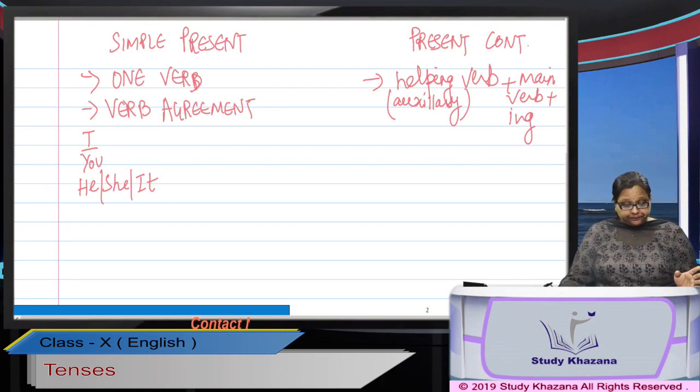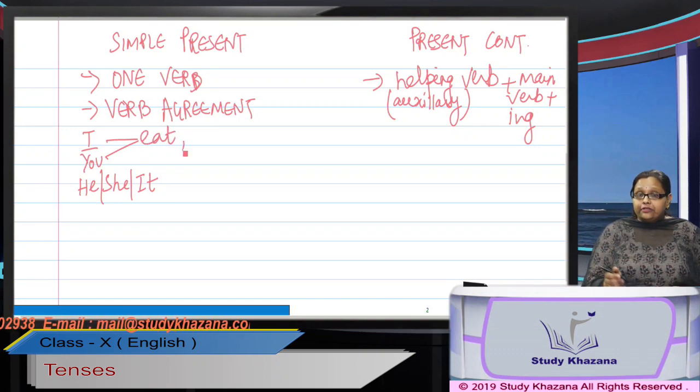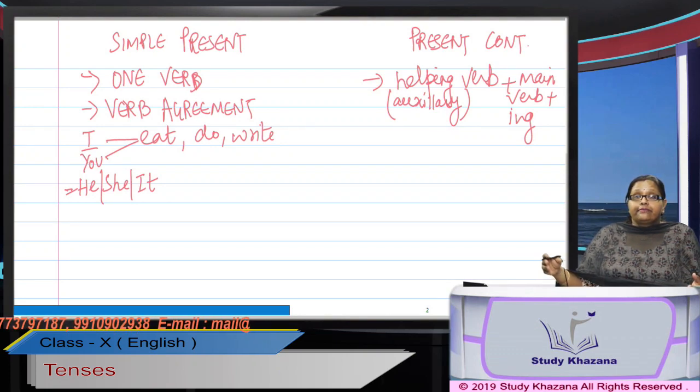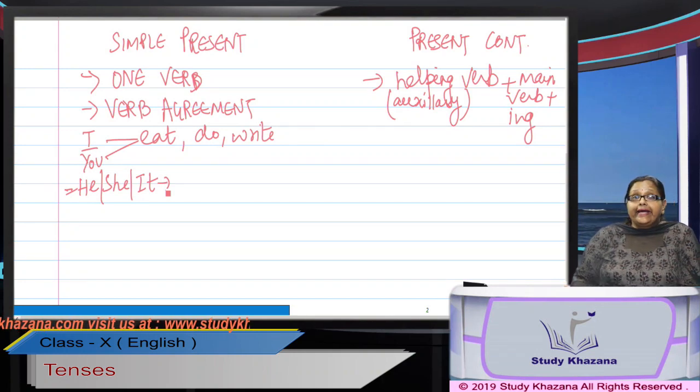Hope this is clear. Now if I am using I or you, I can simply use the verb in its normal form, like I eat, you eat, or I do, you do, I write, you write, and so on. But if we are using the third person singular form, he, she, it, or any other name like Ram, Sham, Sita, Gita, any name, we have to use the subject verb agreement, a grammatical rule that exists only in simple present tense.